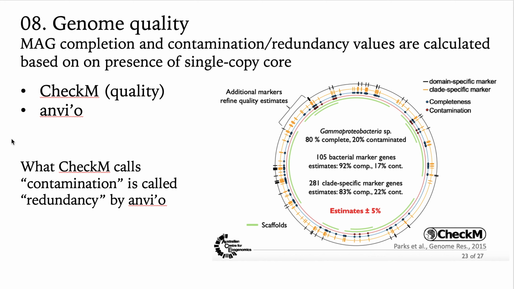It may be actual biological redundancy. But in any case, they both work on the presence of single copy core genes that should be present in every single microbe, and it has different sets of genes for bacteria and archaea.